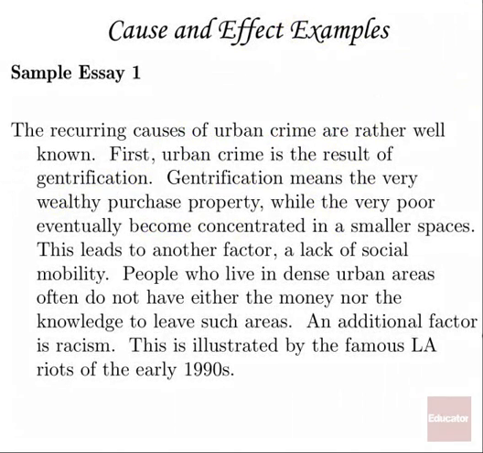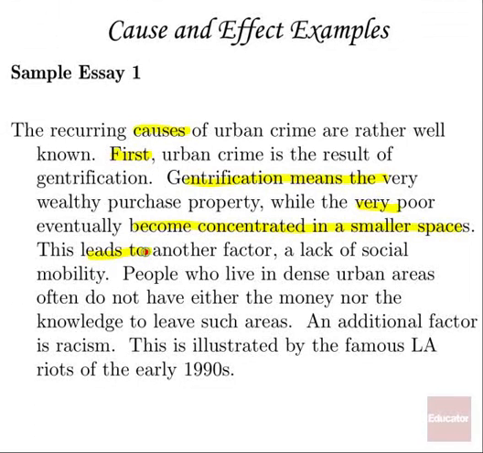Now, finally, we're going to get to some sample essays. The recurring causes of urban crime are rather well known. First, urban crime is a result of gentrification. Well, what does gentrification mean? Gentrification means the very wealthy purchase property, while the very poor eventually become concentrated in smaller spaces. This leads to another factor, a lack of social mobility.